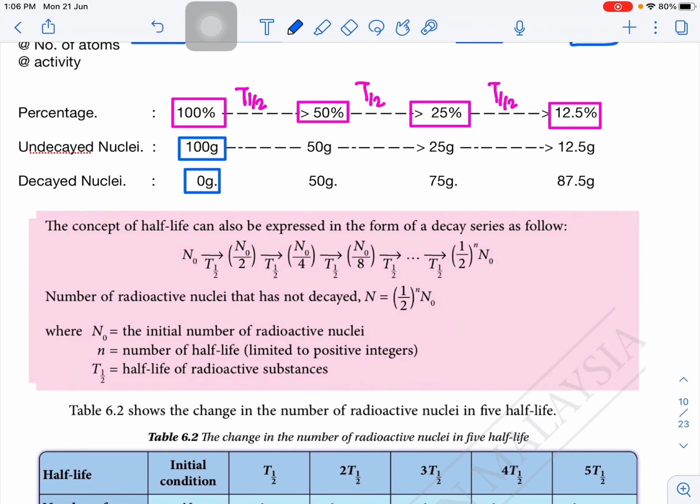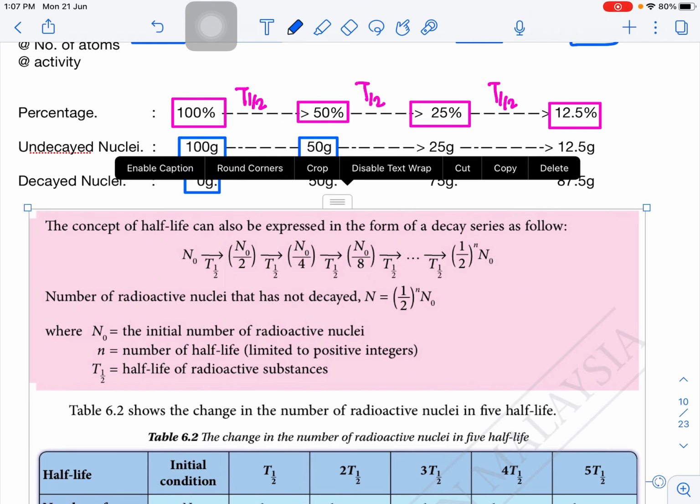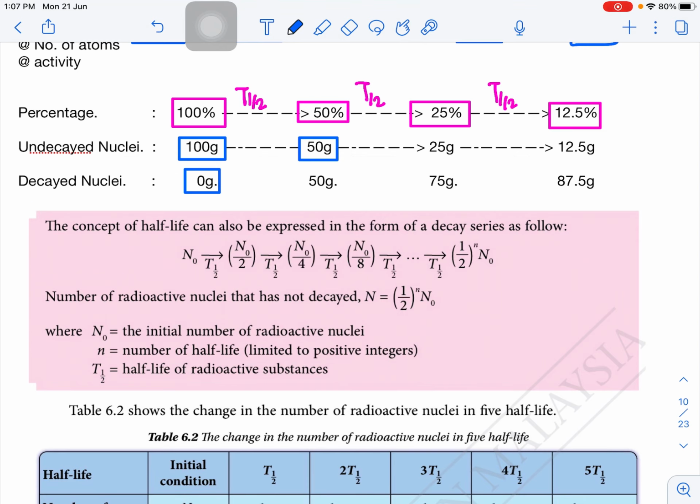When the decay process starts, from 100 gram to become 50 gram, that is what we call half-life. So after one half-life, the undecayed nuclei will become half of its original mass. From 100 gram to 50 gram is undecayed. So where is the other 50 gram?